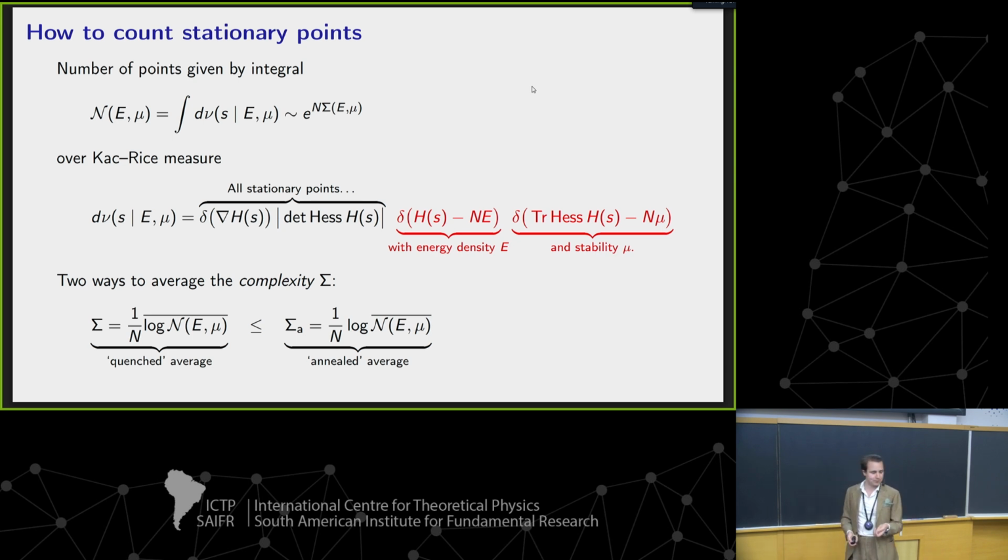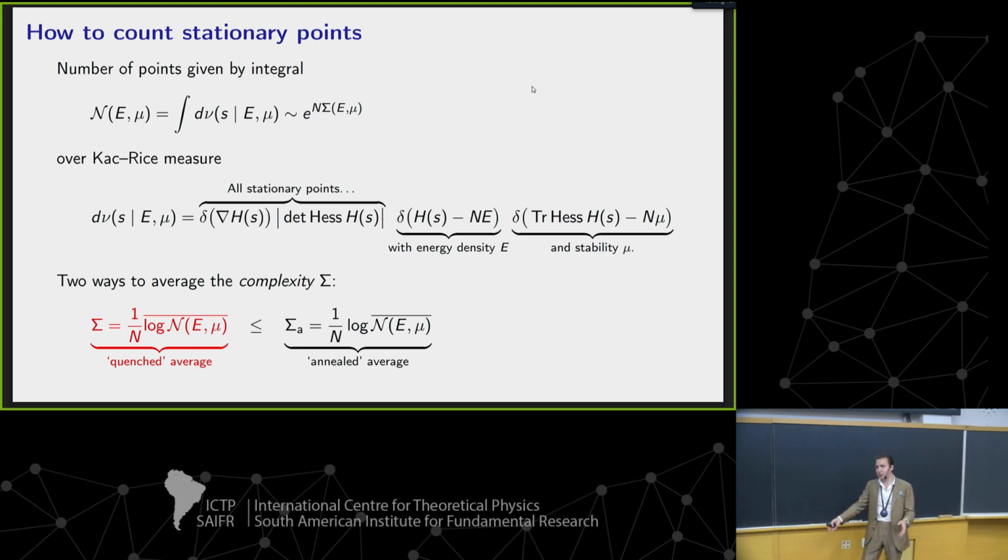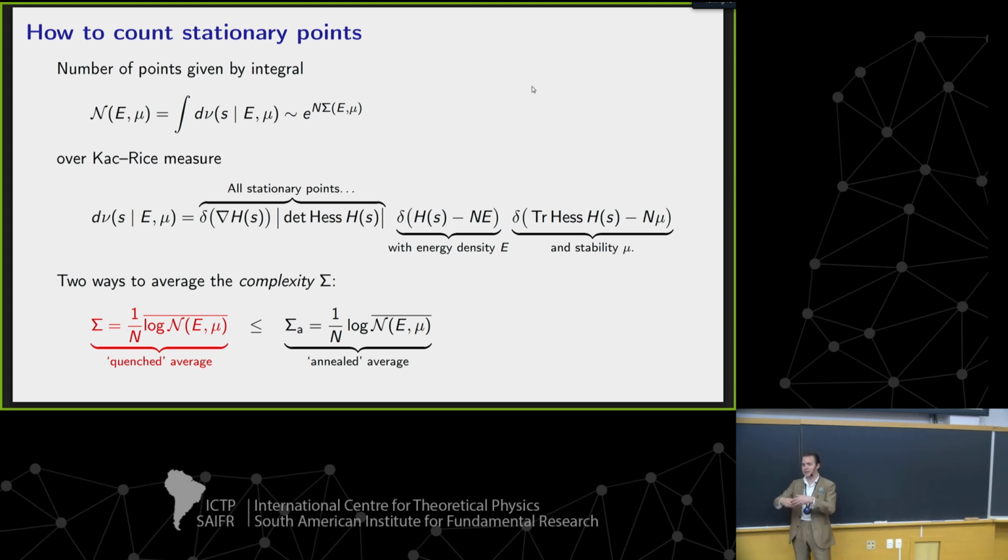And there are two ways to do it. The good way, because this number of stationary points is very large, exponential in the size of the system, to make sure that what we find is a typical count for systems that we are likely to encounter by drawing from the distribution of functions, is to take the average of the logarithm of this number. This is the so-called complexity, sigma.